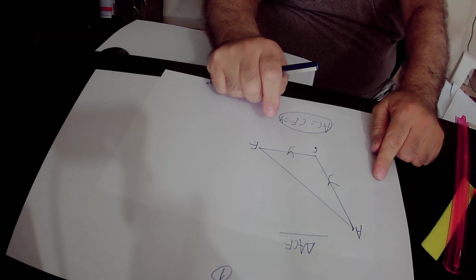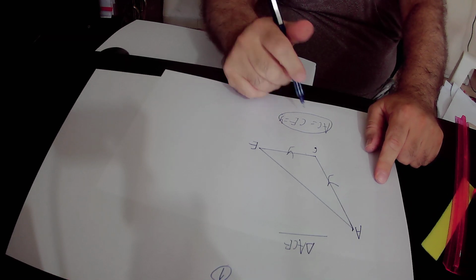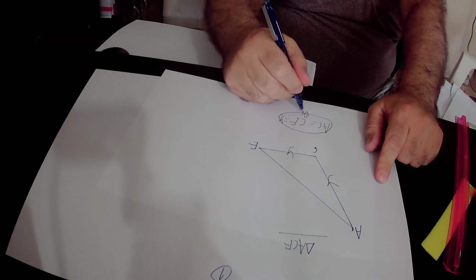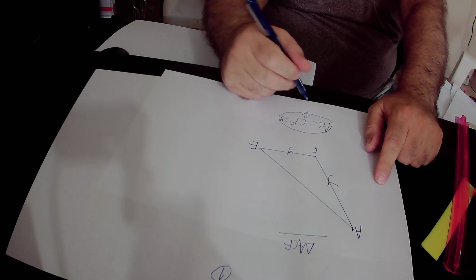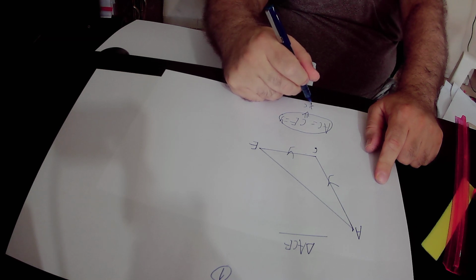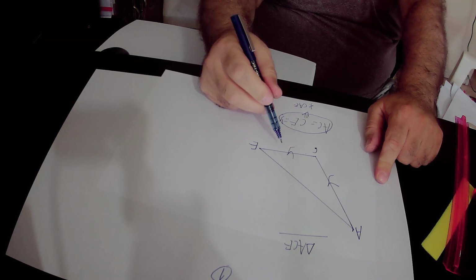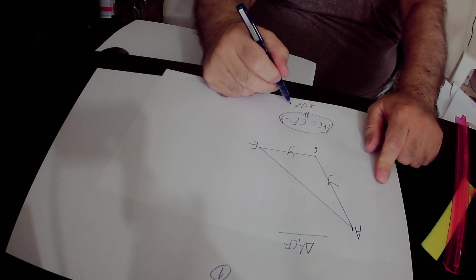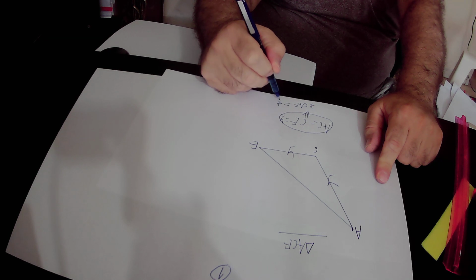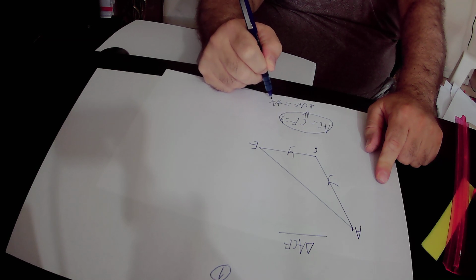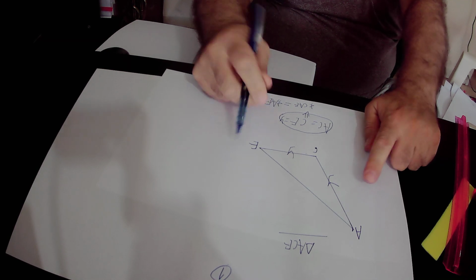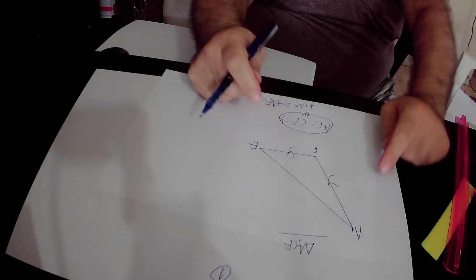So here we can write down that angle CAE must be equal to this angle, angle AEC. Those two angles must be equal to each other.